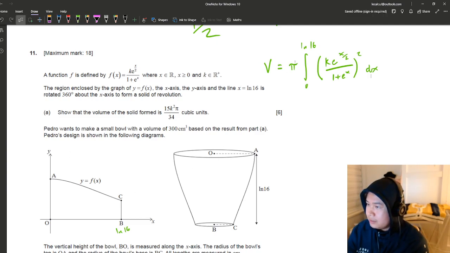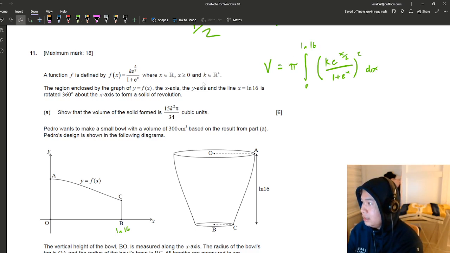This is the formula for the volume of a solid of rotation, or rotation of solid, or whatever it's called. Okay, and then they do want you to show this in, well, it has K in it, right? So we can't even use a calculator for this.